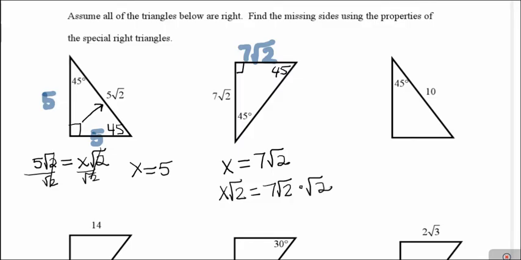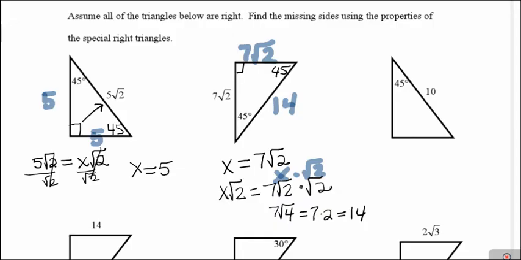Sometimes it's hard for people to visualize, but remember this was x, and then we're multiplying it by the square root of 2. So to simplify this, I get 7 square root 4, which is the same thing as 7 times 2, which is 14. So 14 is our side across from the 90.